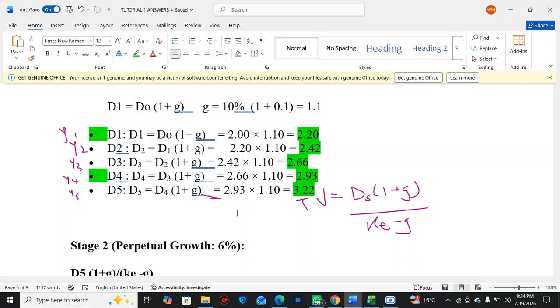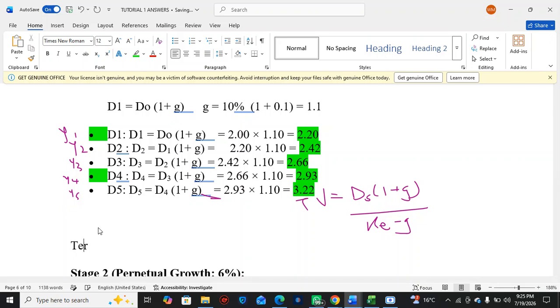So that's where you're going to hear about what is called the terminal value. This terminal value is representing all the dividends that are going to be paid from year six until infinity.